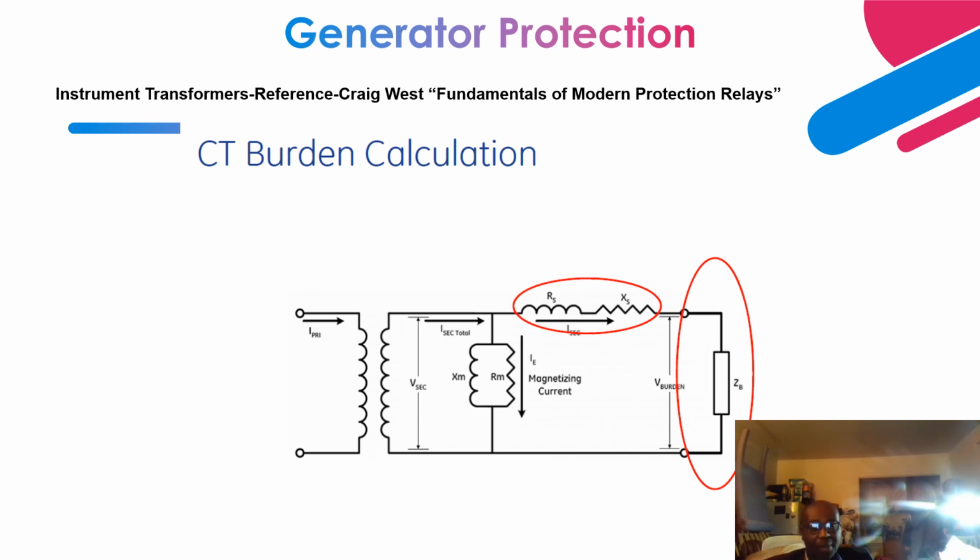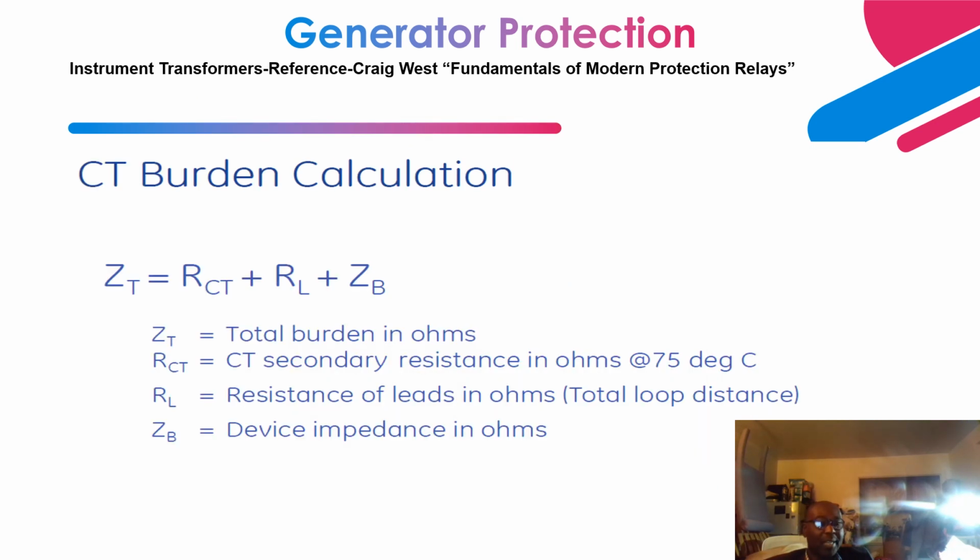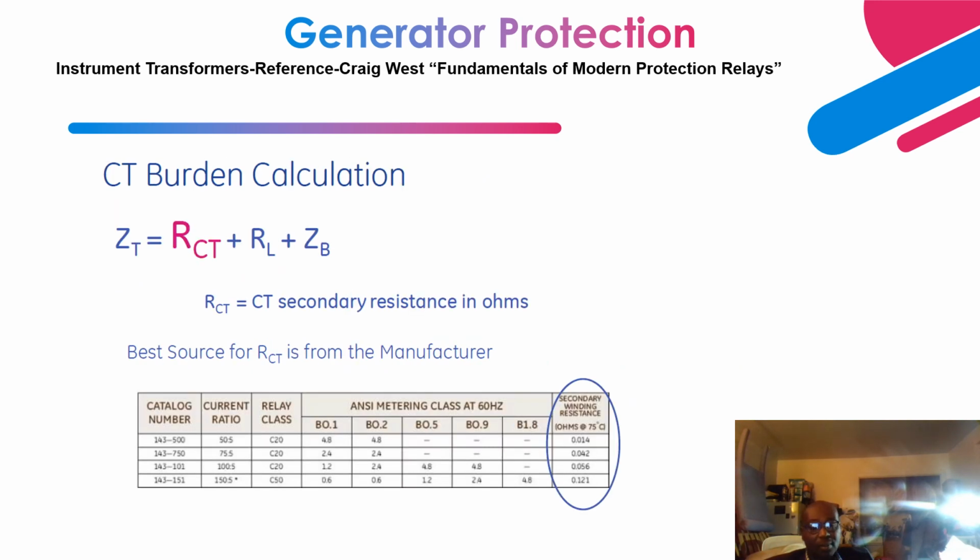You add all these up, and that gives you your burden. That's what is represented here. The total burden is a combination of the internal winding resistance of the CT plus the resistance of the leads plus the impedance of the connected burden. And you always want to remember to convert the CT secondary resistance to 75 degrees Celsius. This is an example of how you get the winding resistance of the CT, based on the CT ratio and the accuracy class.